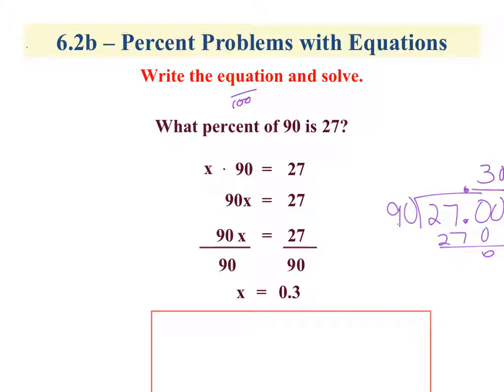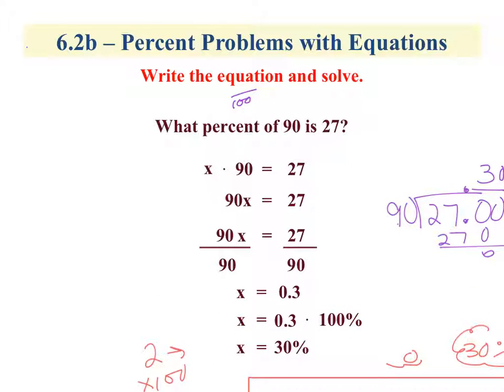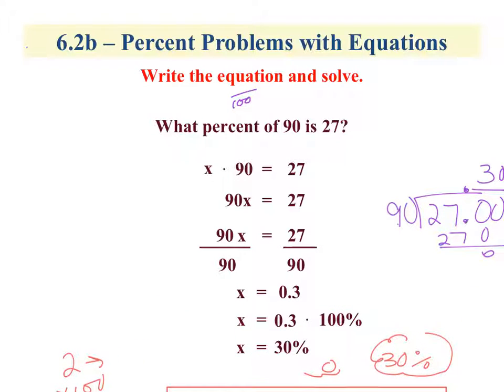Therefore, it's much more important when you're doing an equation to remember that if you are asked what percent, your final answer must be changed to a percent by moving the decimal 2 to the right. 30%. Moving the decimal 2 to the right is the same thing as multiplying by 100. So the answer is 30%.